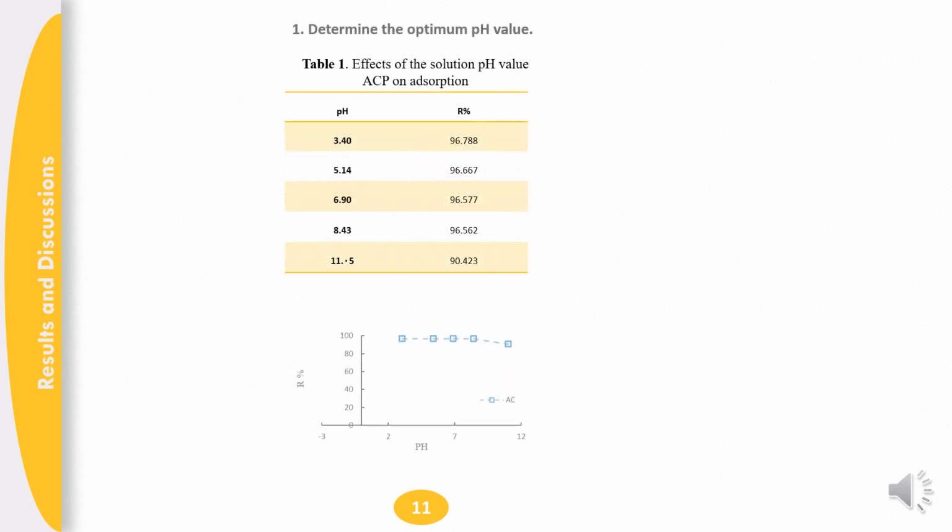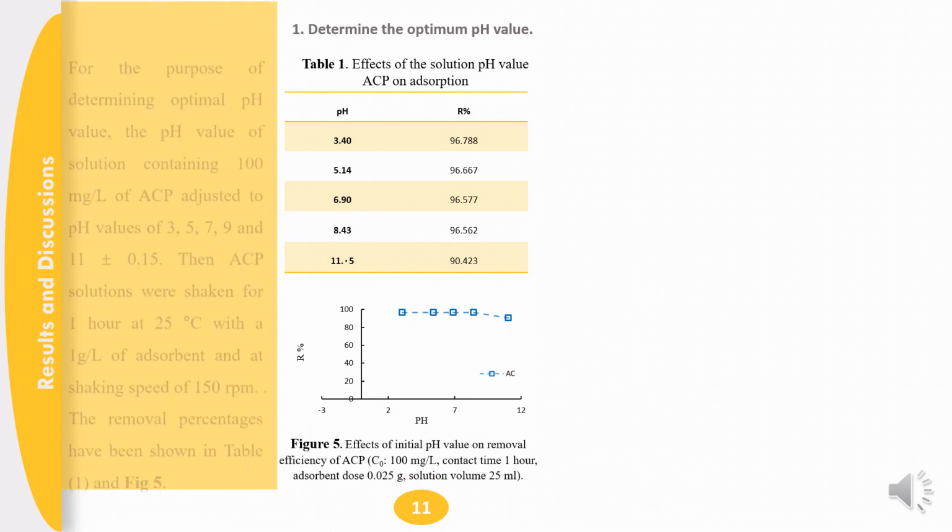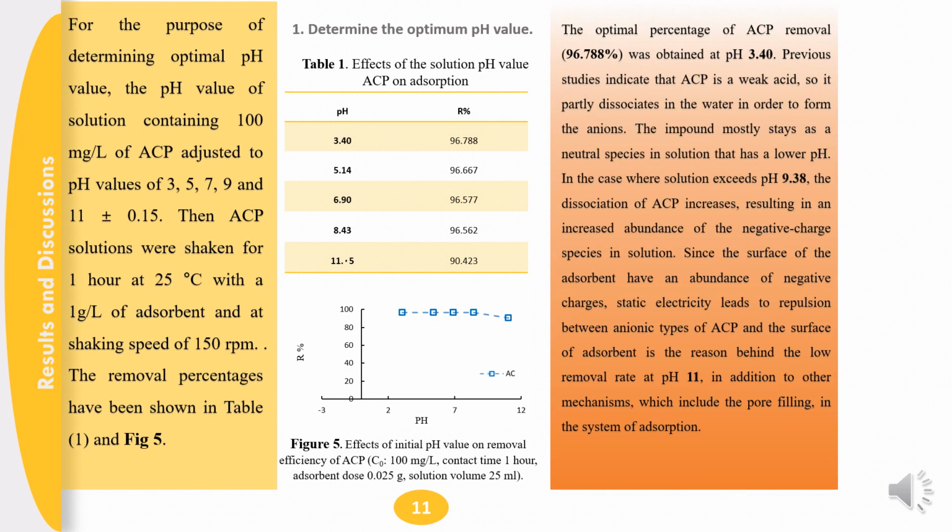Results and discussion. This slide shows how to find the optimal pH, arriving at the conditions selected to conduct the aforementioned experiment, with a discussion of the results as shown in table 1.